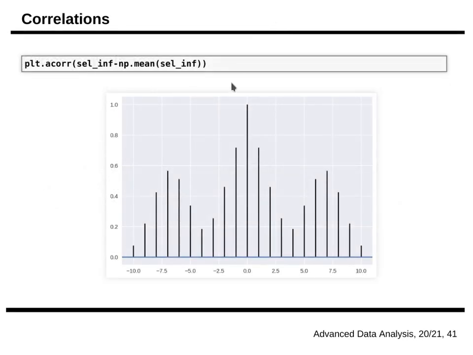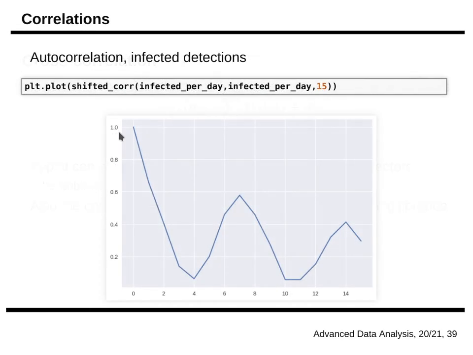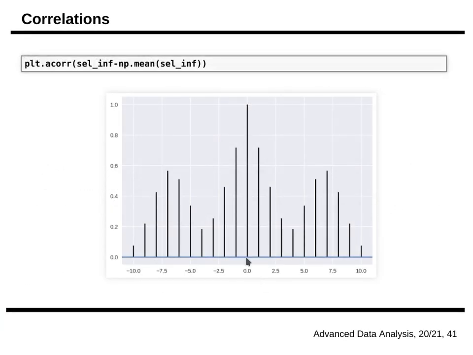In practice, this means that you can use some of these correlations and cross-correlation functions from library. For example, PyPlot has this autocorrelation function that does what we did here, but even better because it shifts both positive and negative. So you have here, this is what happens when we shift the daily infected positive, so forwards or backwards.